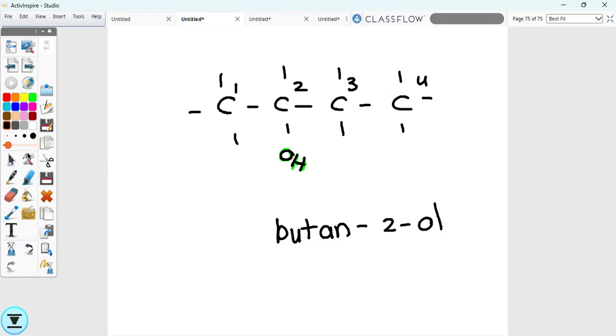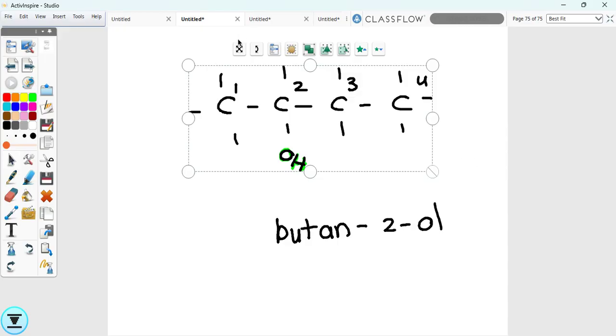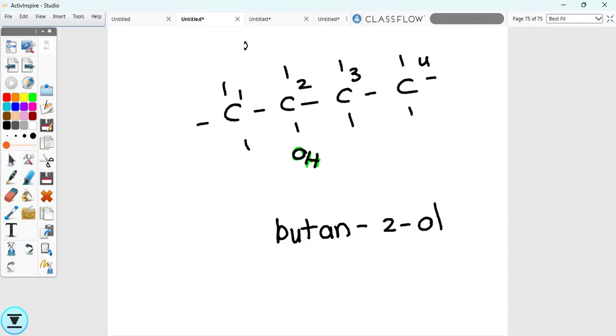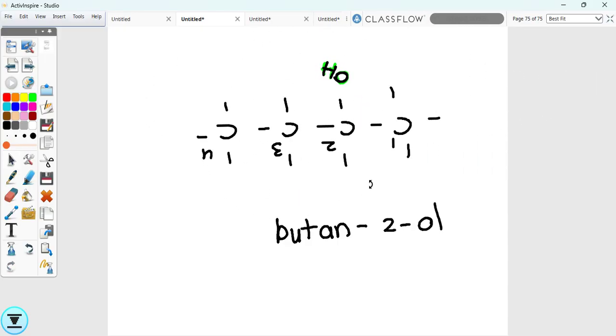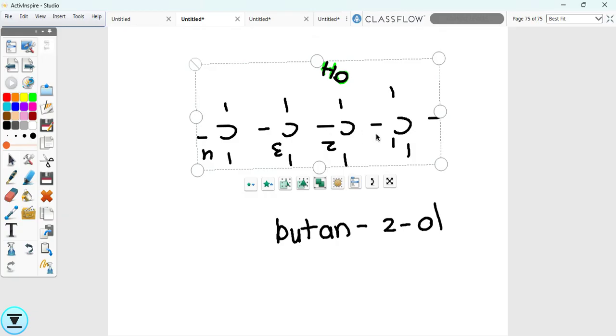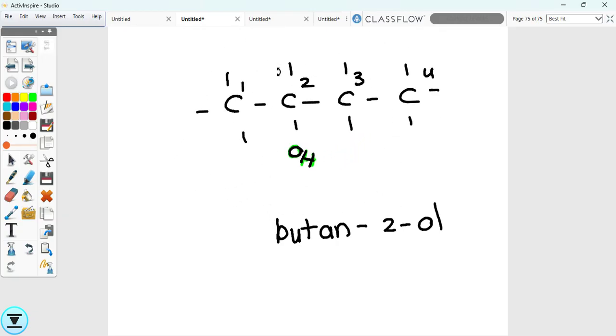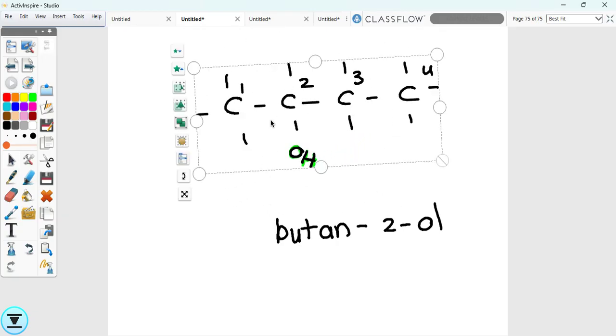All you did is, I'm going to show you now. We had it like that. Can you see? It was the second one from this side. Now we have it like that. So it's the second one from this side. So it's actually the same molecule. You're just looking at it from a different side.